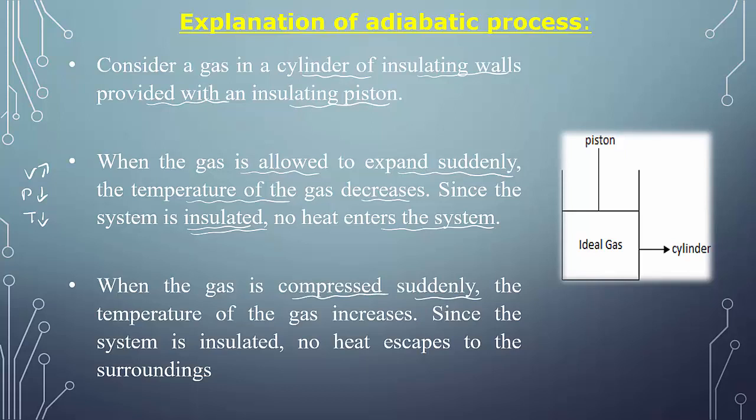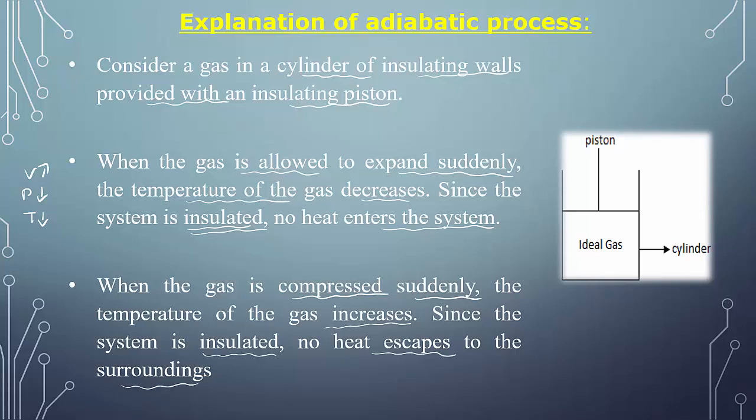When the gas is compressed suddenly, temperature of the gas increases. When the piston is moving inside the cylinder, gas compresses, volume decreases, pressure increases, temperature also increases, since the system is insulated. No heat escapes to the surrounding.